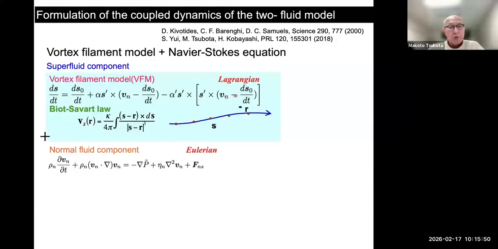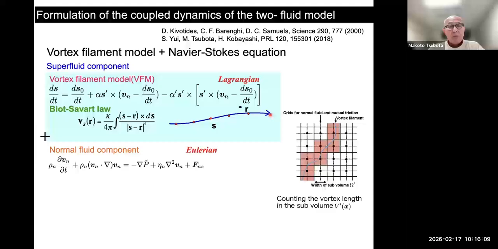So the vortex filament model is basically Lagrangian, while the Navier-Stokes equations are solved in the Eulerian formulation. So the numerical grids for solving the Navier-Stokes equations do not necessarily agree with the discrete points of the vortex filament. Then what to do? So this is not so trivial.